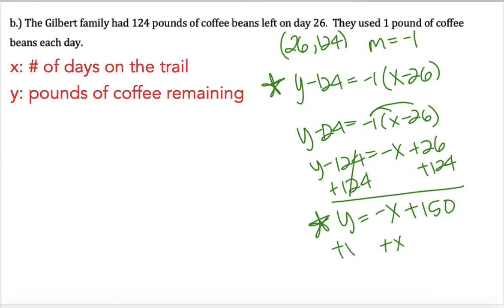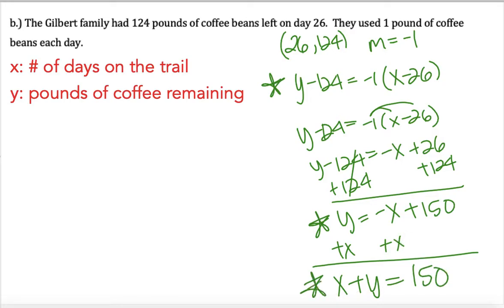I would do that to both sides of the equation, and it would cancel. And I would have x plus y equals 150. And so now I have standard form as well. Ax plus By equals C.